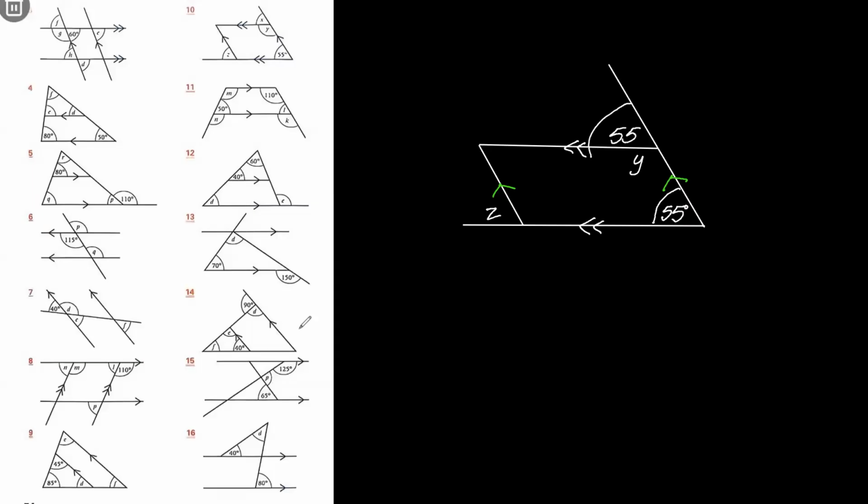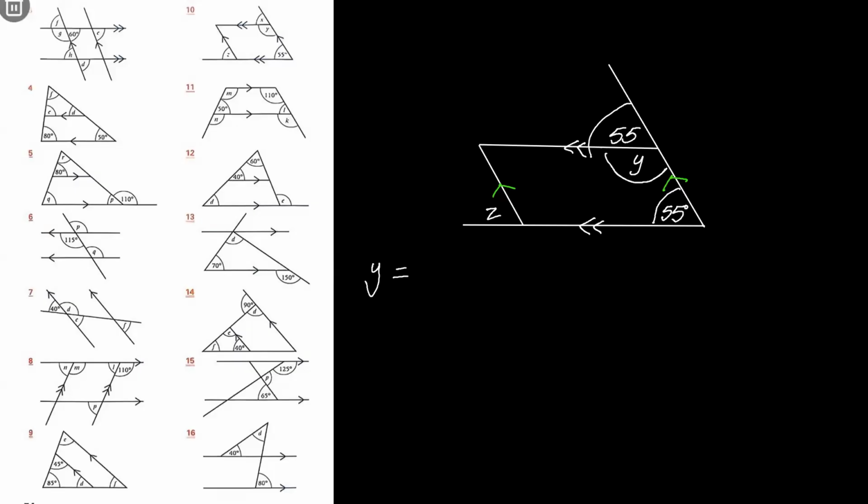So y, Gabriel. Y would be what? Y would be to the left, sir. Yeah, look at y here. So y, notice it's on a straight line. This is my straight line. So what would y be equal to?